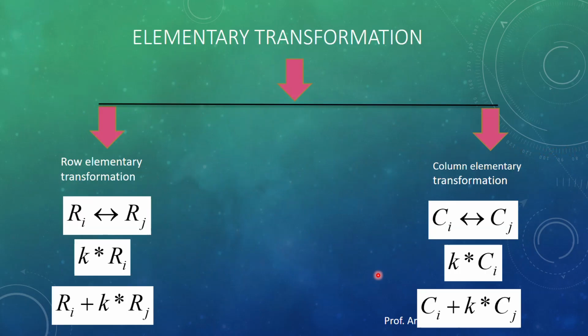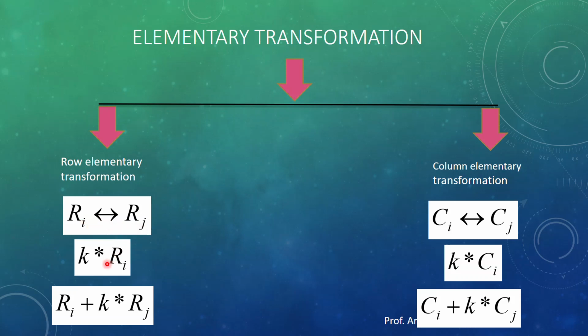Now how to denote these elementary transformations in symbolic form? We know row elementary transformations are 3, column elementary transformations are also 3. So interchange of any two rows, it means what? Symbolically we denote it as Ri double arrow Rj. It means ith row interchanges with jth row.